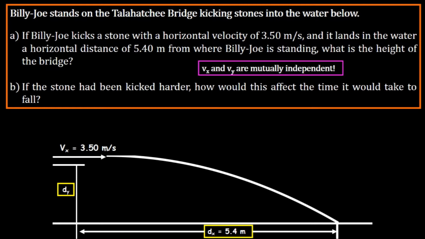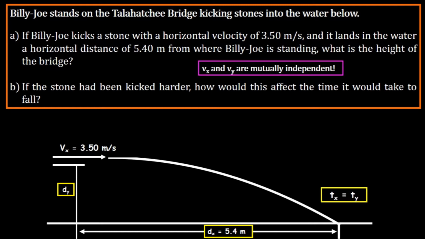And we can already answer B while we're waiting, and that is that it doesn't matter how hard you kick it. It's going to fall at the same rate. Tx and Ty are equal, we know that. The horizontal velocity is independent of the vertical velocity.